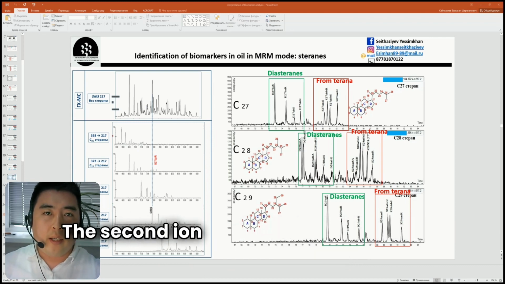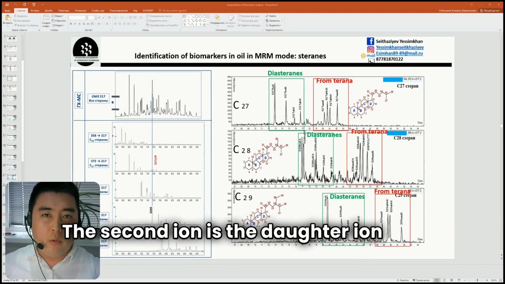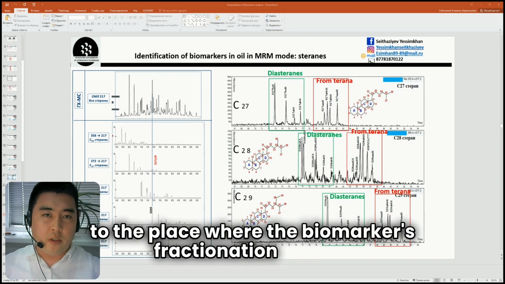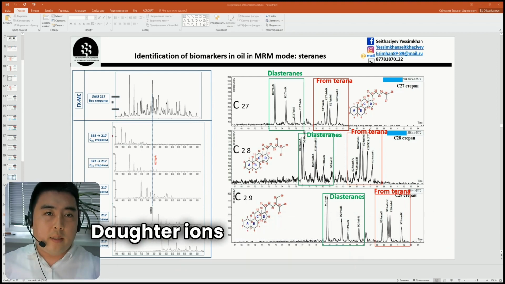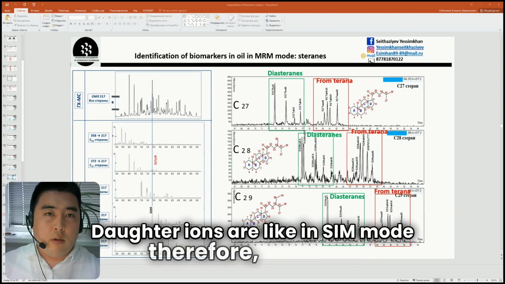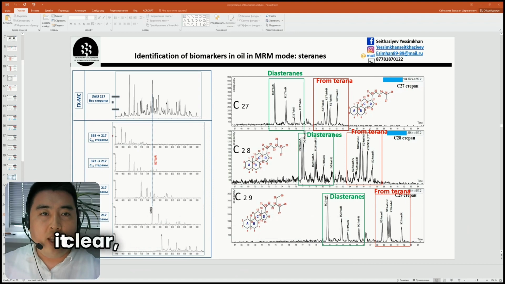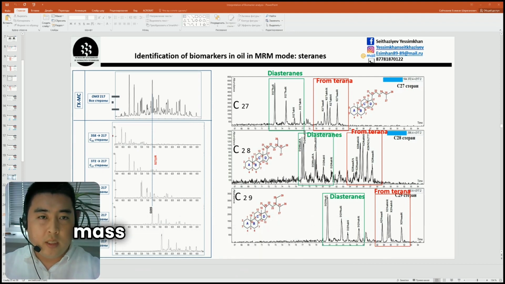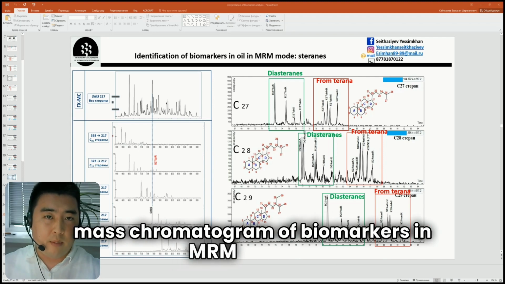The second ion is the daughter ion, which corresponds to the place where the biomarker fragmentation occurs. Daughter ions are like in SIM mode. Therefore, to make it clear, let's use the term channel for the mass chromatogram of biomarkers in MRM mode.